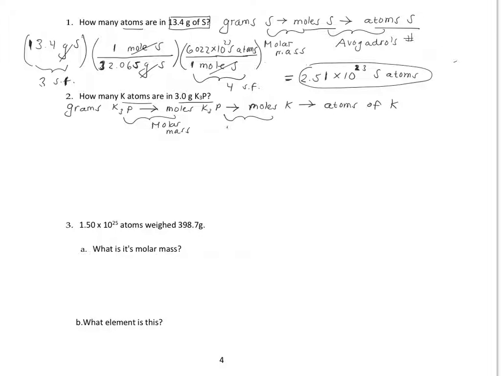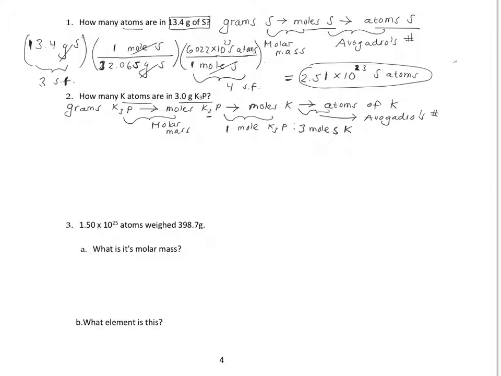For every 1 mole of K3P, we have 3 moles of K. Because if you look, potassium has a subscript of 3, so there's 3 moles of K for every 1 mole of potassium phosphide. And then in our last step, we're going to use Avogadro's number to go from moles to atoms.